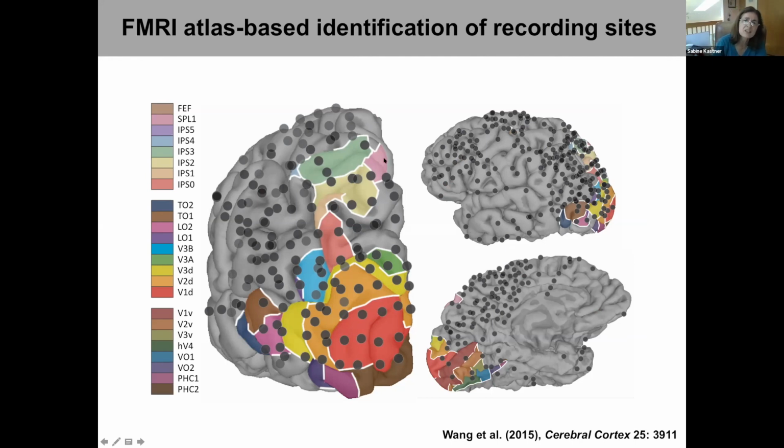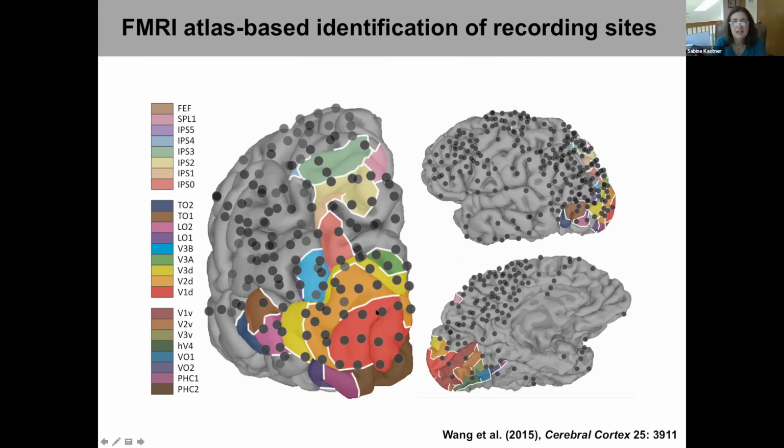Now, what we typically do is combine these, so we render these electrode recording sites onto a standardized brain and then combine it with different atlases. Here you see an atlas of the human visual system that we created in my lab from retinotopic mapping done with fMRI.